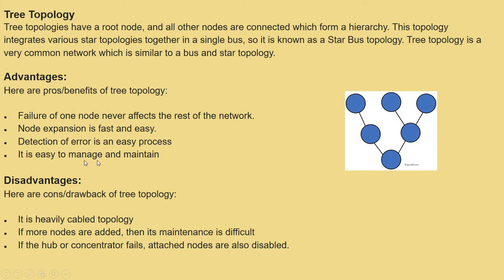It is easy to manage and maintain also. And the disadvantages are: it is a heavily cabled topology. If more nodes are added, then its maintenance is very difficult. If the hub or concentrator fails, the attached nodes are also totally disabled.